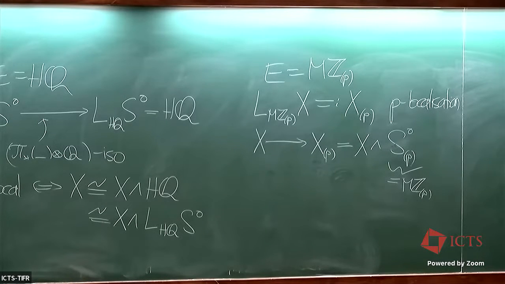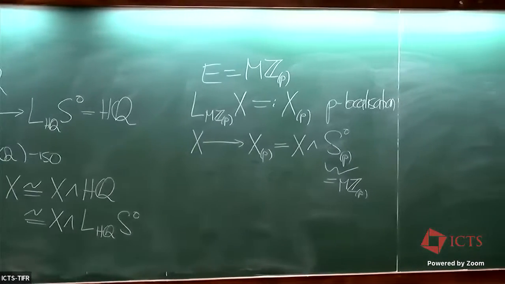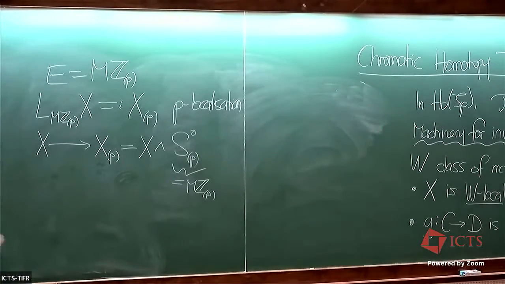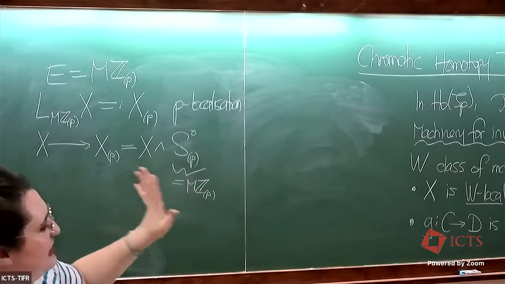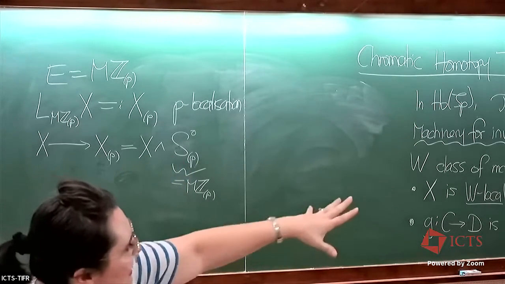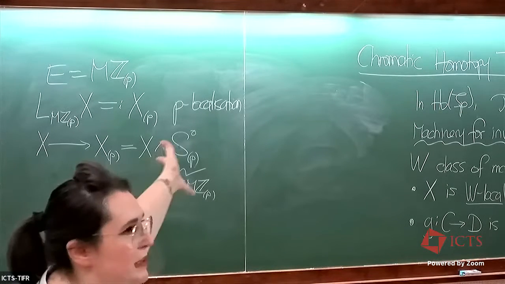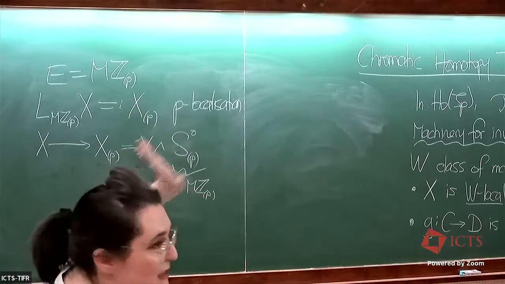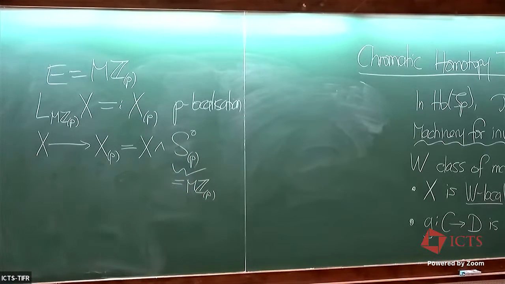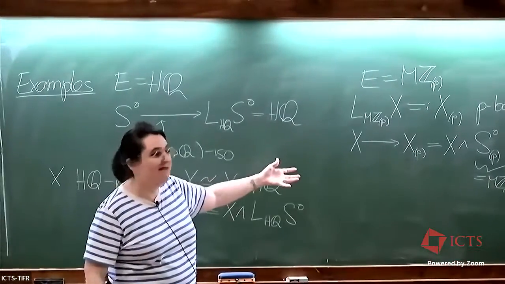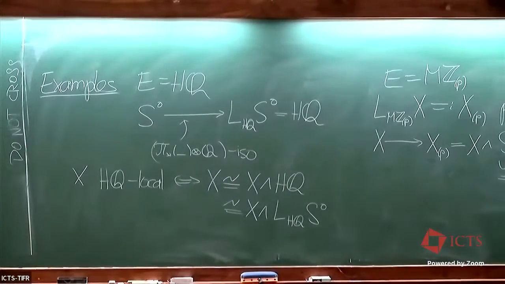And you can already tell from the way I asked that, when we're going to the next harder case, the mod P Moore spectrum, this whole dream is already going to collapse. It is not as easy anymore as saying, oh, we're localizing just by doing the topological analog of tensoring with that ring. That is not going to continue, sadly.